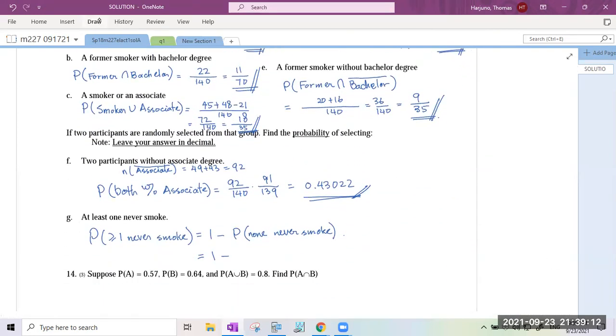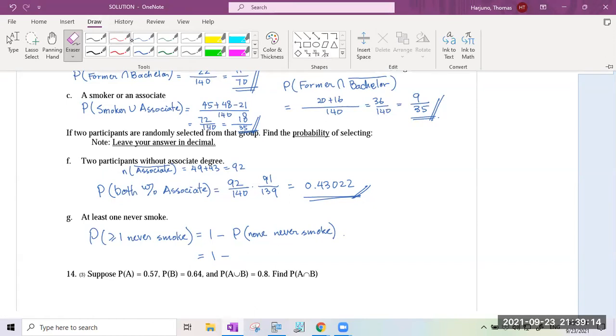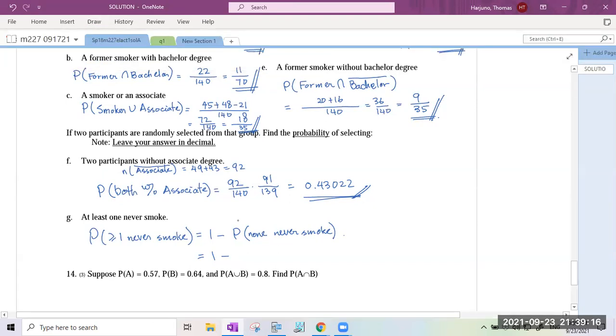Now you need to choose both of them from there. So the first one is 103 over 140 times 102 over 139. Okay, then we use our calculator.